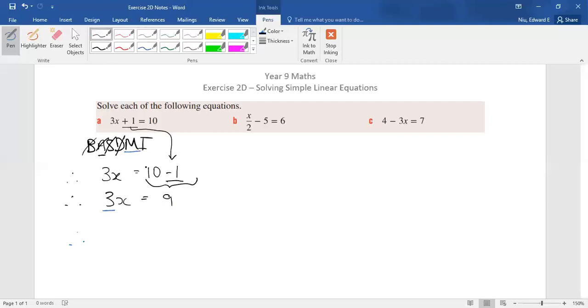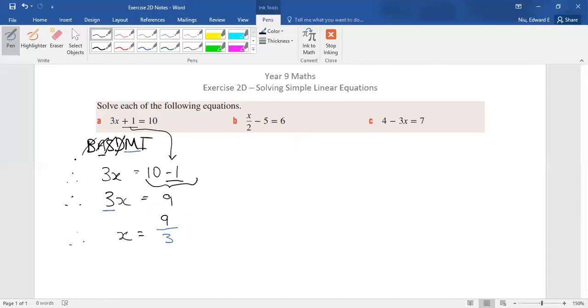So therefore, our third line of working, what we're going to have is x equals 9 divided by the 3. Or you could write divide by 3, up to you. I prefer fractions.